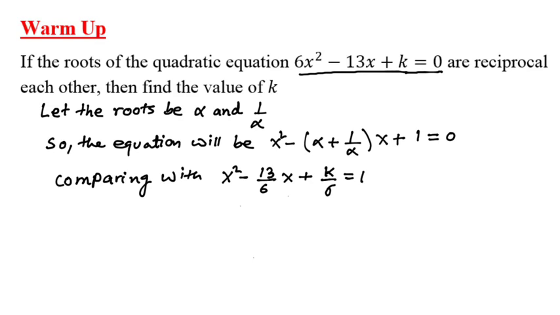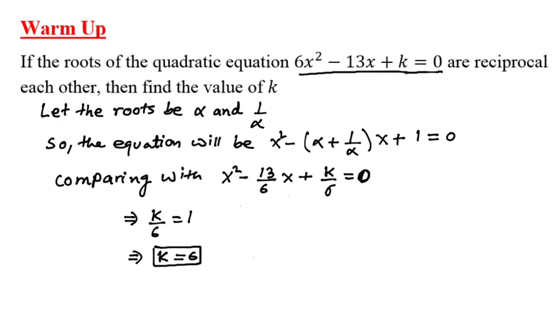So when you compare, you can see that the constant term k over 6 is equal to 1. So if you cross multiply, k equal to 6. That is all we need to find.